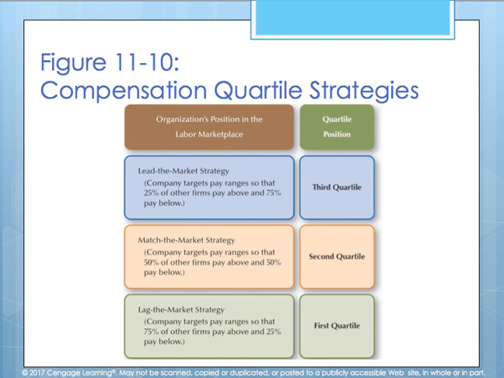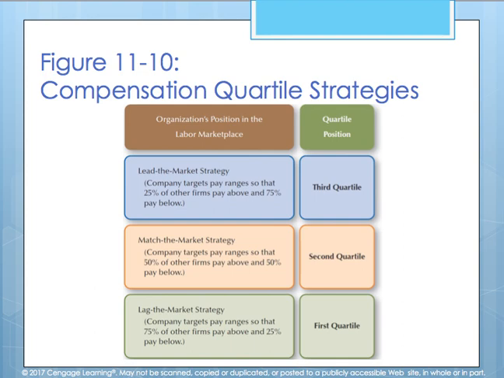Figure 11.10 shows you the quartile strategies based on position: first, second, third quartile. And you can see your position of the organization in the labor marketplace. So let's say you're lagging. You have a lag the market strategy.